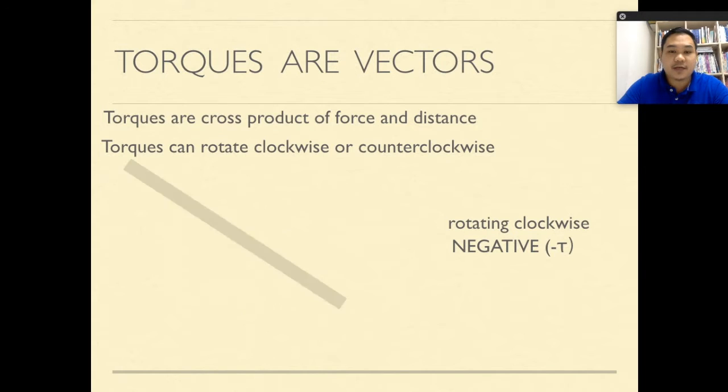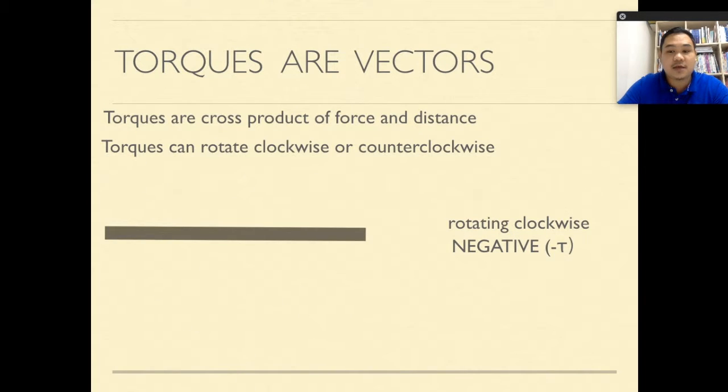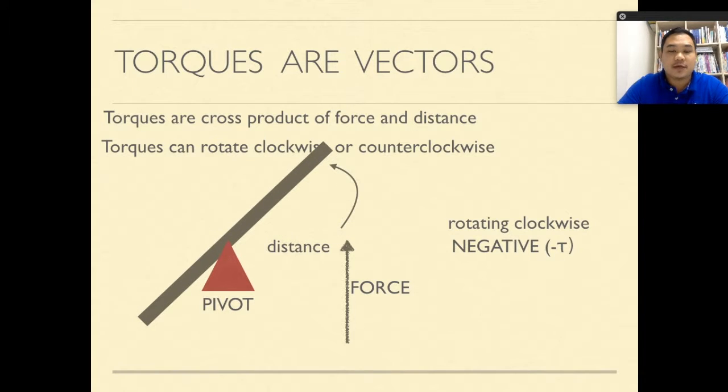Now, how about the second case, which is rotating counterclockwise? We have here again a pivot, and the force being applied. We can expect that it will turn in a counterclockwise direction. Therefore, rotating counterclockwise will have a positive torque.